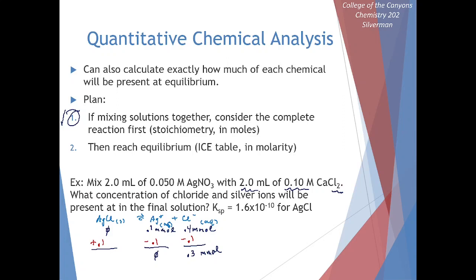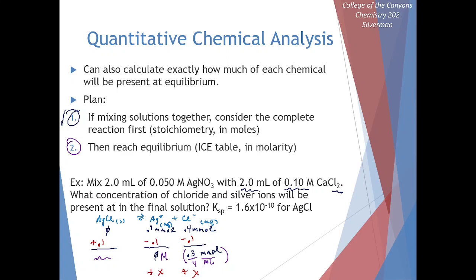Now we want to attack this in terms of equilibrium. We can do our ICE table. We have some of our solid, we have none of this silver ions, we have some molarity of our chloride, and we're going to create a little bit more product. X here is going to be extremely small.